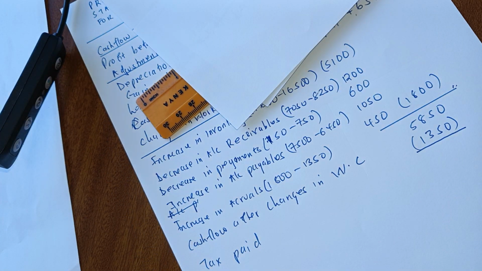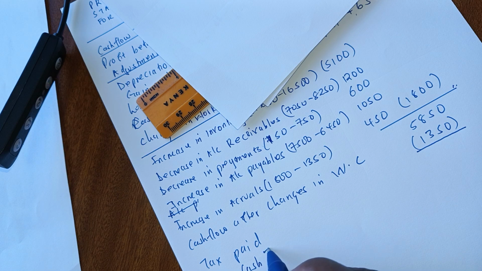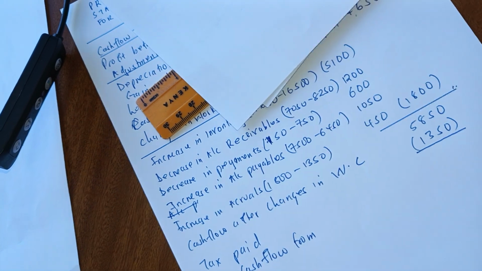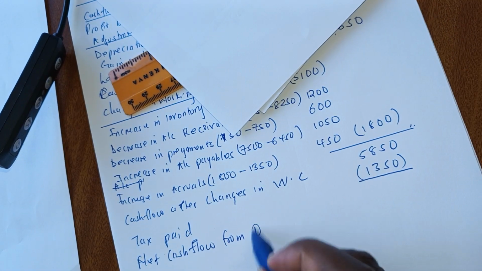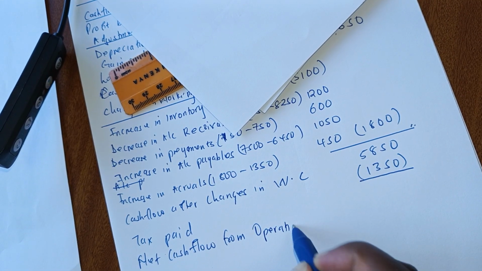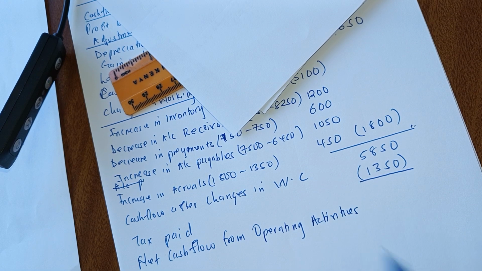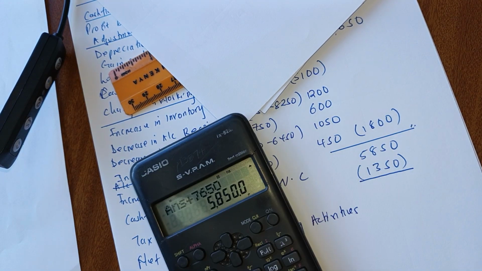So the answer you get there is tax paid, net cash flow from operating activities. So 5850 minus 1350.